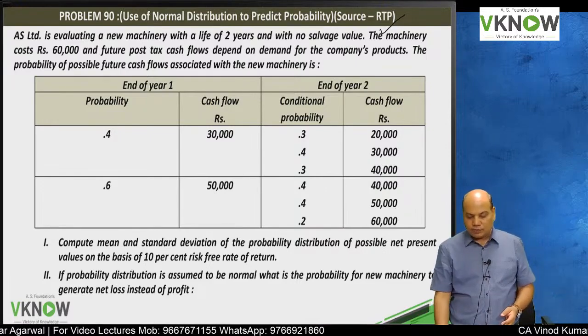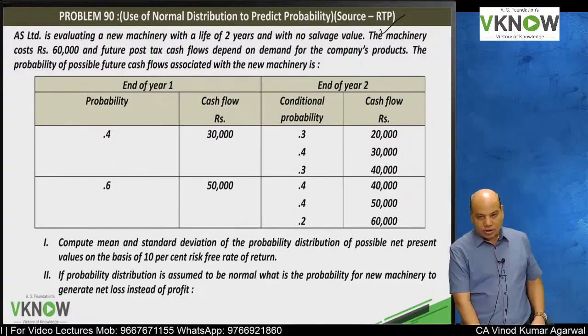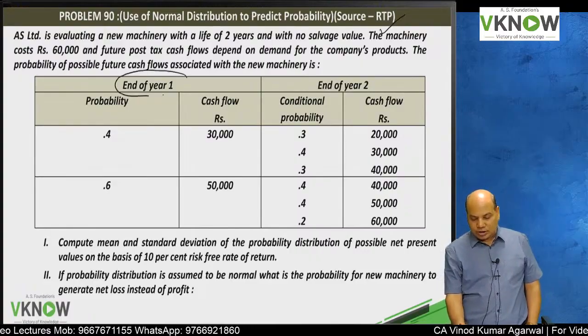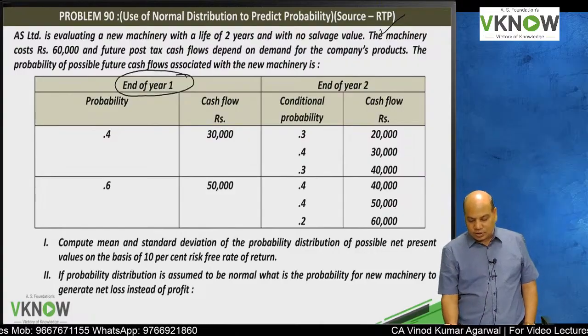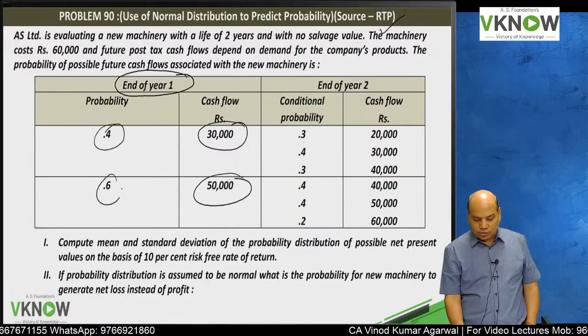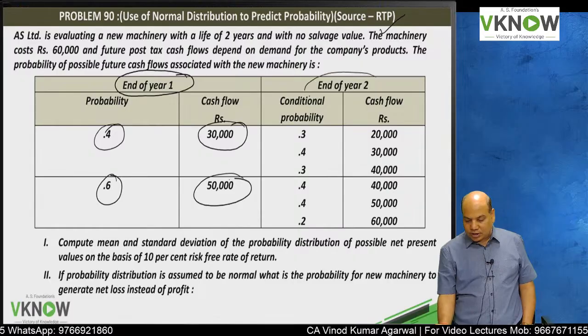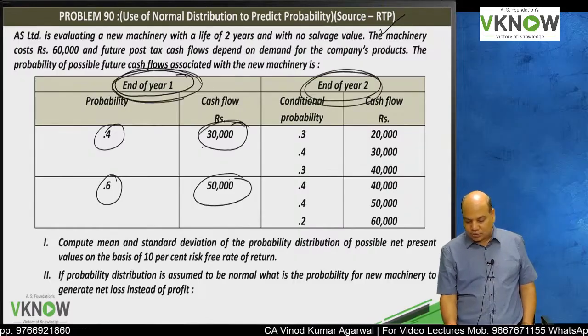The probability of future cash flow associated with the new machinery is as follows. A similar problem we have done earlier also in decision tree. Do you remember? First year cash flow can be 30,000 or 50,000 with 0.4 and 0.6 probability. Second year cash flow depends on first year cash flow.